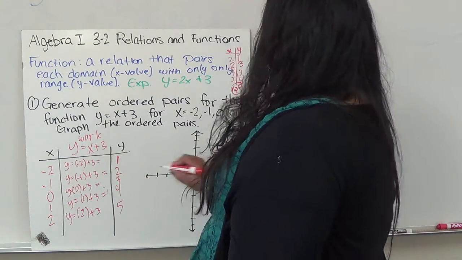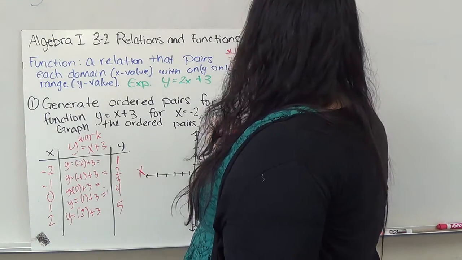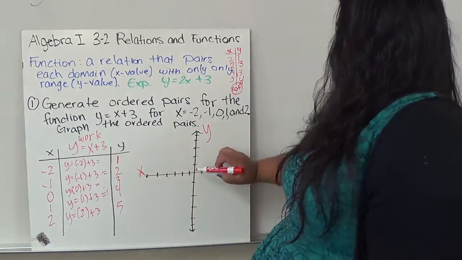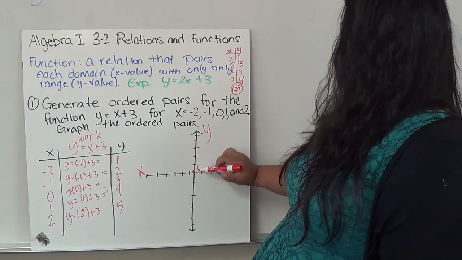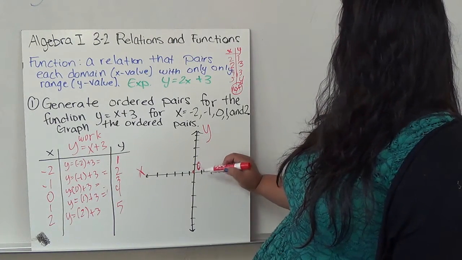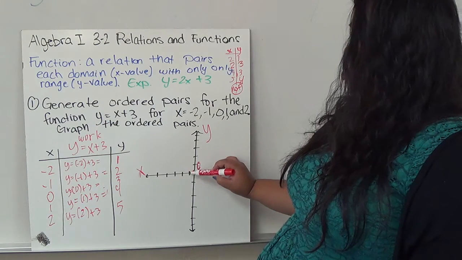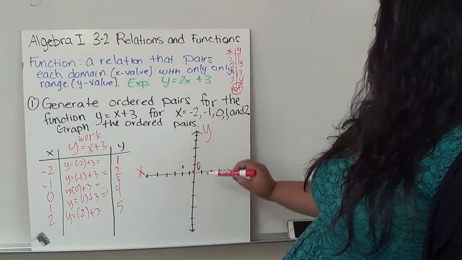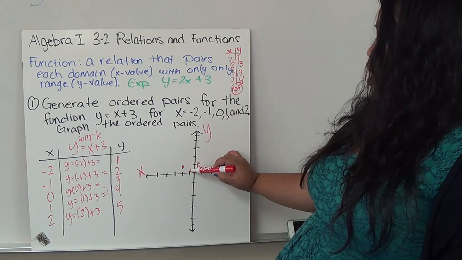So from there, I just graph. This is my x, this is my y. Okay? So first I'm always going to start with my x. I'm going to start from 0. Okay? I'm going to go -2, and then up 1. I'm going to go -1, and then up 2.